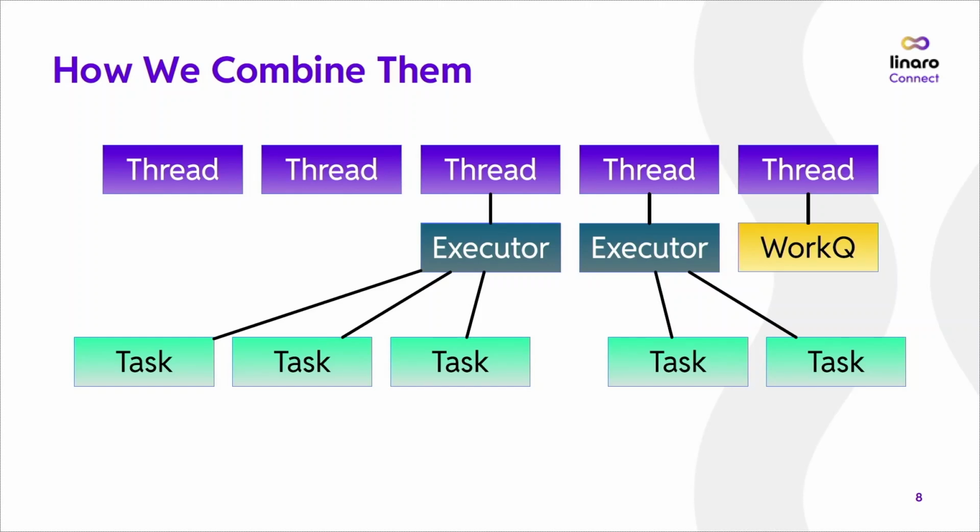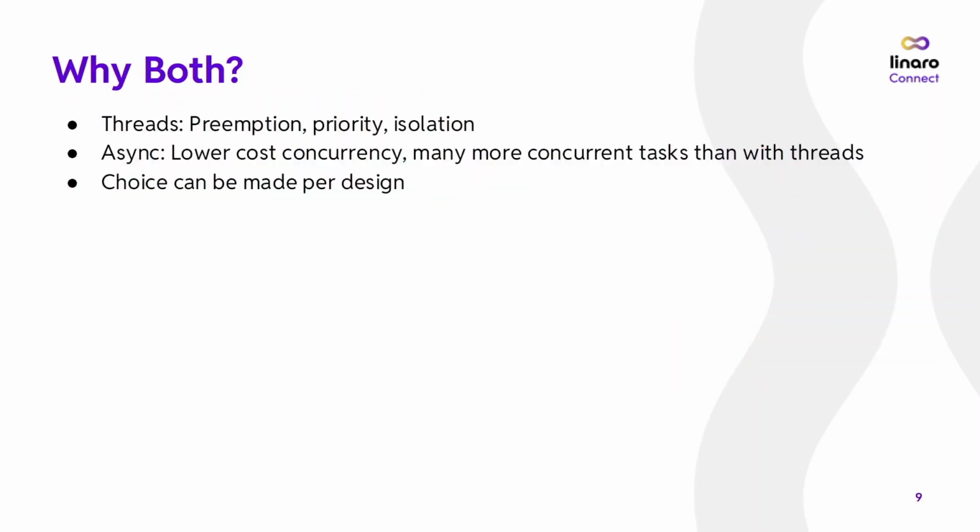So run it at a lower priority, and the preemptive scheduler can then invoke it later, or interrupt it to do something that needs to happen more urgently. So here's a good summary of what I just said. The threads give you preemption, priority, and isolation. Async gives you this lower cost concurrency, so that you can do more things.